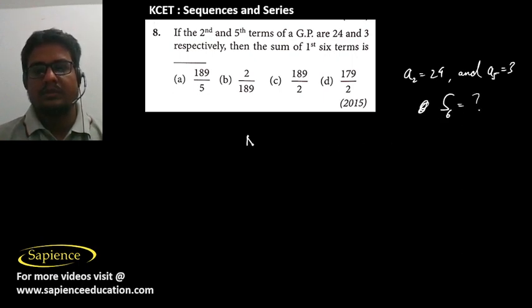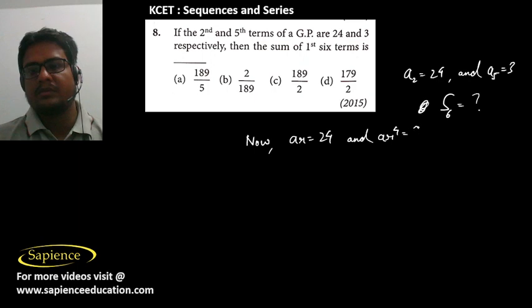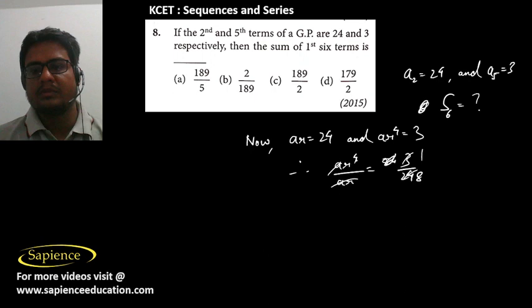Therefore AR is 24 and AR power 4 is equal to 3. If you take the ratio, AR power 4 divided by AR will be equal to 3 by 24. So 3 8s are 24, so this will be R cube. So R cube equal to 1 by 8. Therefore R should be equal to 1 by 2.